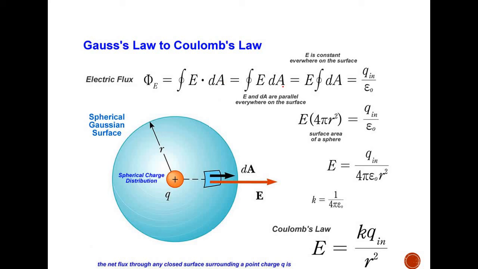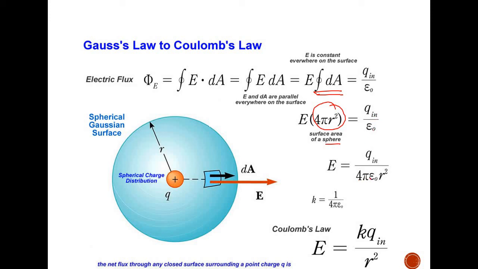For a spherical Gaussian surface, when you integrate dA, we get 4 pi r squared, which is the surface area of a sphere. So E times the surface area of a sphere equals Q enclosed, the charge inside the sphere, over epsilon naught.